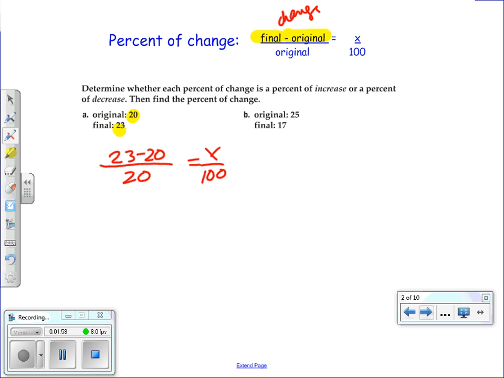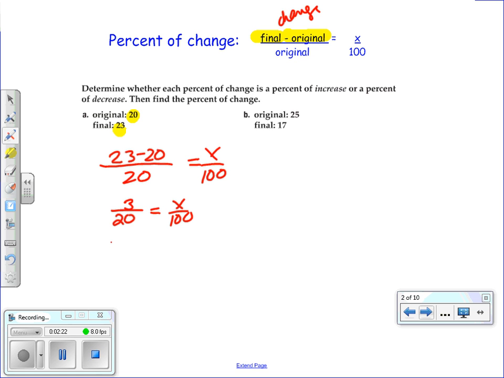Then all we have to do is solve for x, and we can find out what the percent of change is. So 23 minus 20 is 3, over 20, equals x over 100. We have our final number of laps subtracting our original number, and the change was 3. So 3 over the original amount, 20.